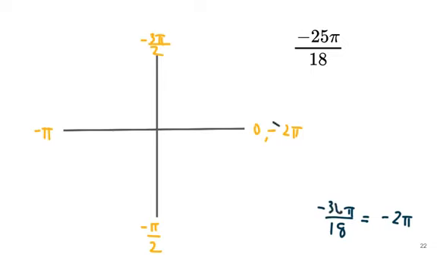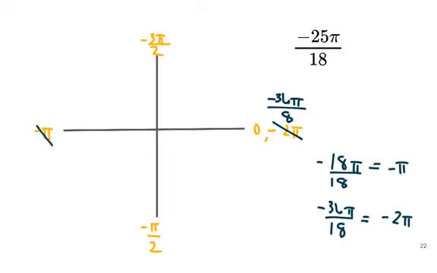So we're going to get rid of this, and we're going to relabel this axis as negative 36 pi over 18. We can do the same thing with pi, right? We want to write negative pi as being over 18. It's going to be negative 18 pi over 18, right? Yes, it would cancel.